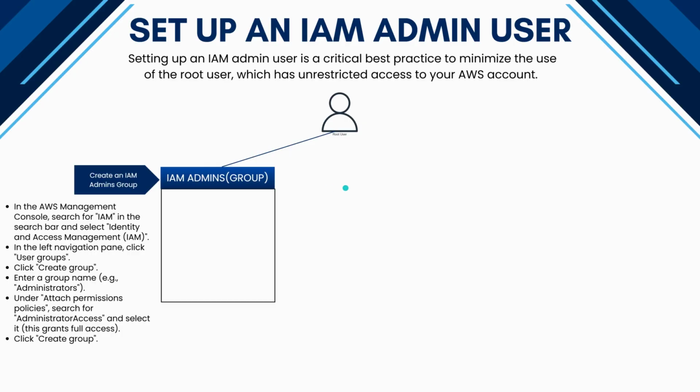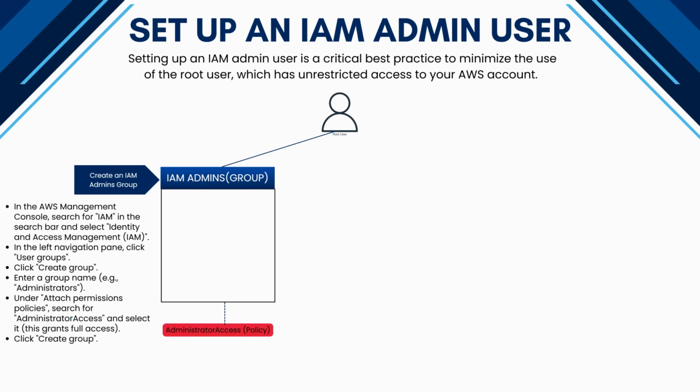And this is the procedure that we're going to follow, on the left. So I'll briefly read through it. In the AWS Management Console, search for IAM, and we click User Groups. We create the group, we enter a group name, and we attach permissions policies. And the policy we're going to attach is administrator access.